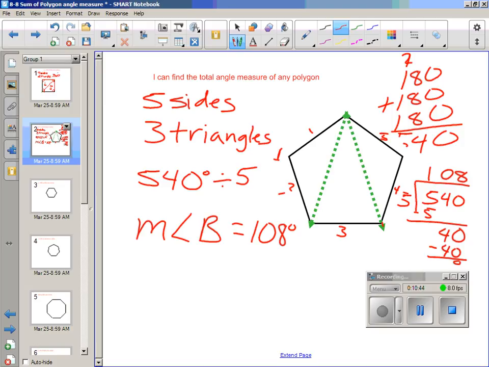That means we have 1, 2, 3, 4, 5 angles. And if all of those angles are the same, we should be able to take the total and divide it by 5 to find 1. And that's exactly what we just did there. But remember, 5 sides, how many triangles? 3 triangles.